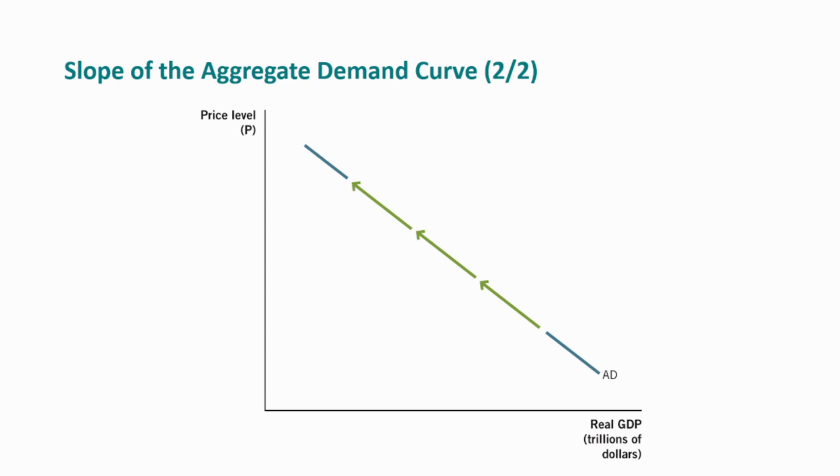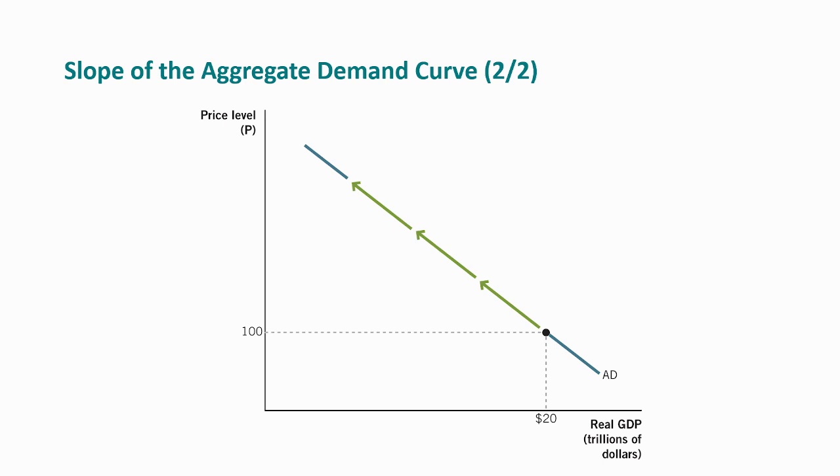Now look at the slope of our demand curve. You see the price level on the vertical axis and the real GDP on the horizontal axis. At the price level of 100, the quantity of aggregate demand is at this point.